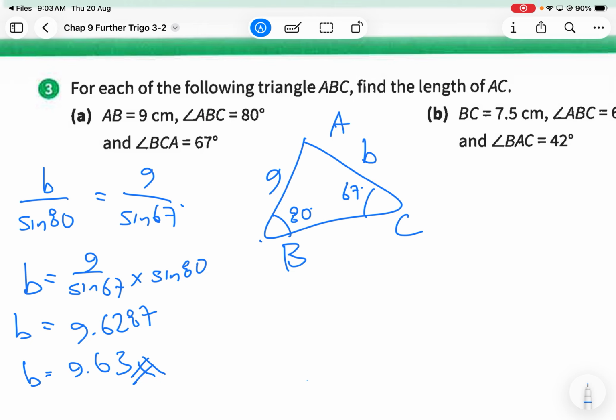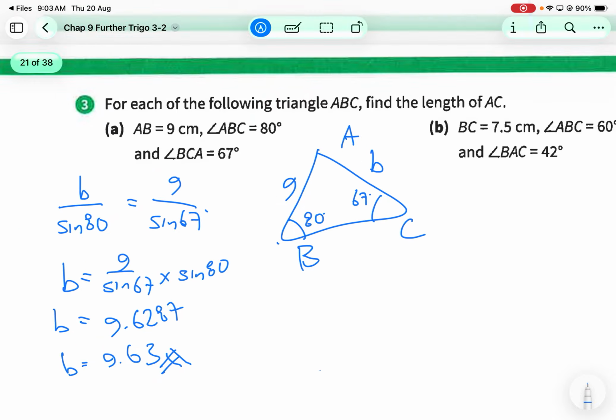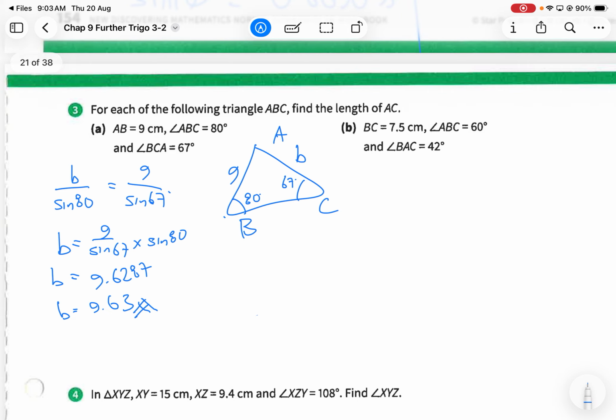Can everyone get? Okay, again, not difficult.